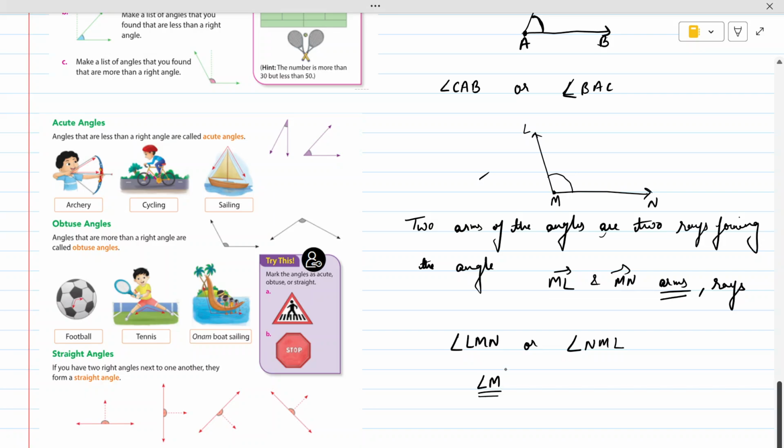Because when we have bigger figures, we'll have many angles, and from the same point many angles can be formed, so it's always better to write the complete name. But just in case you have only one or two angles at different points and the angles are not intersecting, you can also write it as angle M, but it is always advisable to write it in a proper form. Okay, so now I hope that you have understood what an angle is.